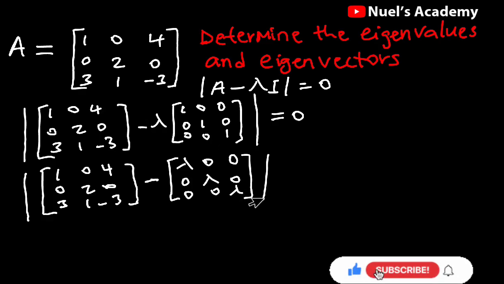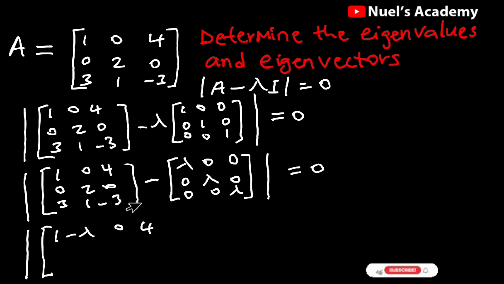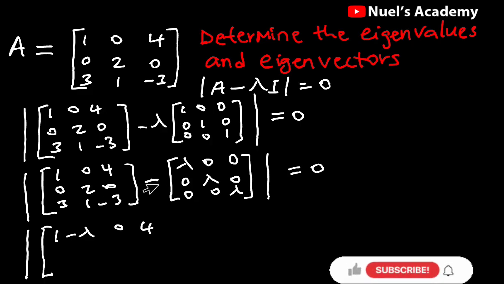Then we have equal to 0. So we're going to have 1 minus lambda. Then 0 minus 0 is equal to 0. 4 minus 0 is equal to 4. Then we have 0 minus 0 is equal to 0. 2 minus lambda.